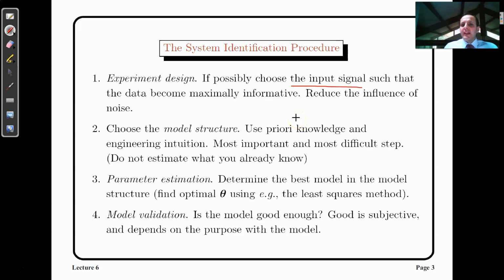Because, if you remember, we said that the input signal needs to be generated in order to obtain data which are maximally informative with respect to the unknown contents of your process, because this approach assumes that you are working with an almost black box system.